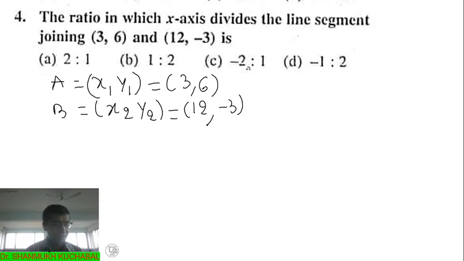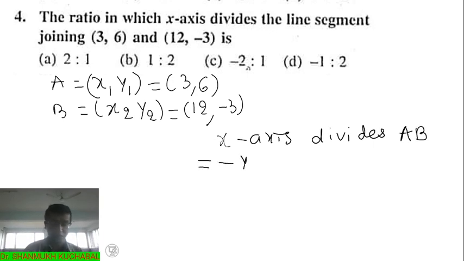For the x-axis, the y coordinate is 0, so the x-axis divides AB in the ratio minus y1 by y2, so minus 6 divided by minus 3.